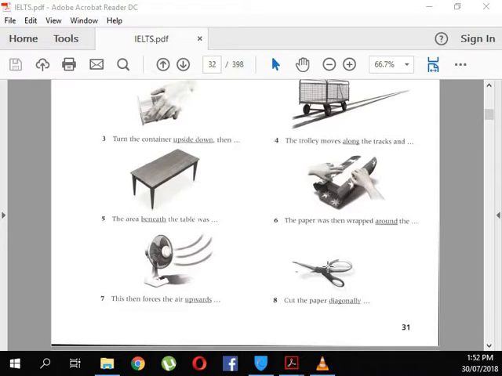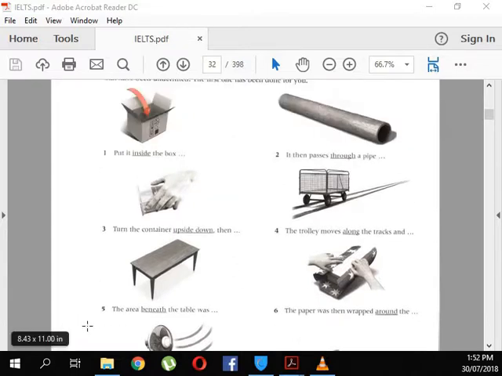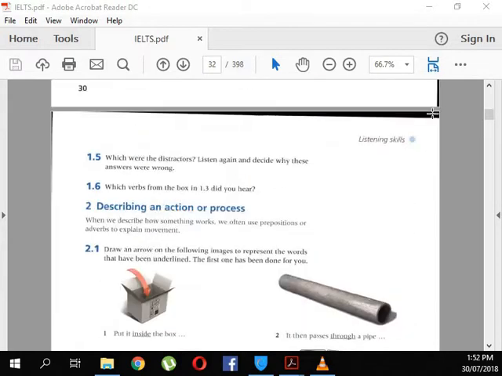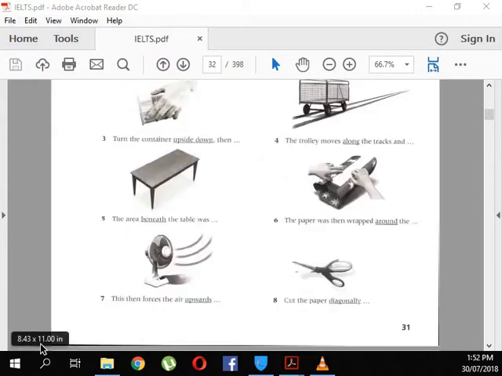Diagonally means from one corner to the other corner. If I were to cut this page diagonally, I would cut it like this, from here up to over here. So this is how you cut something diagonally. Okay, do you get it? Yeah, like this.